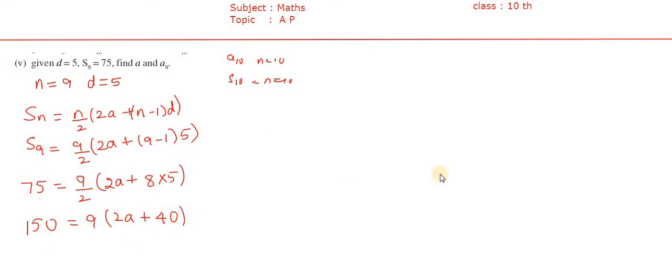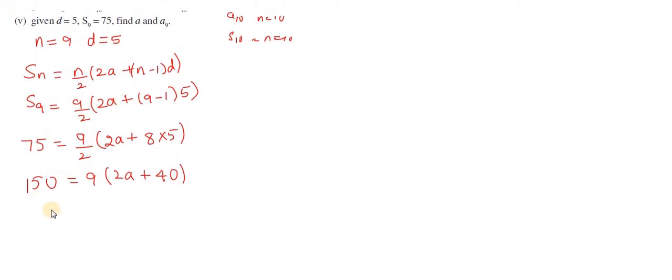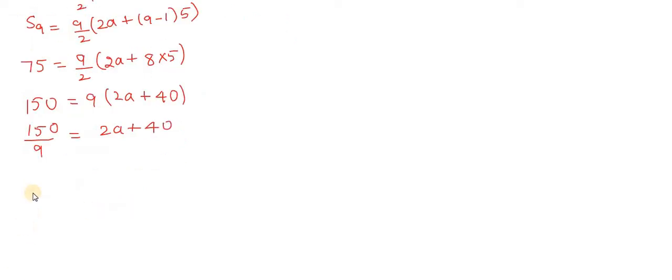Now simplify further. 150 divided by 9 is equal to 2a plus 40. Transposing 40 to the left hand side, it becomes minus 40, so 150 by 9 minus 40 is equal to 2a.